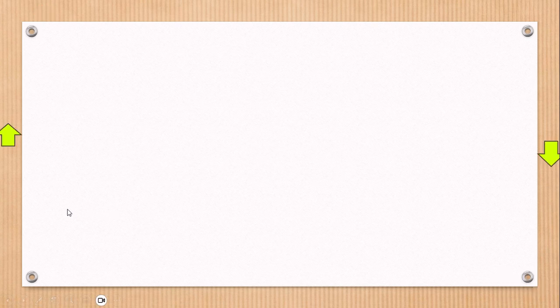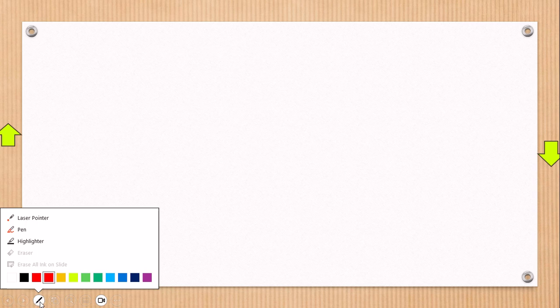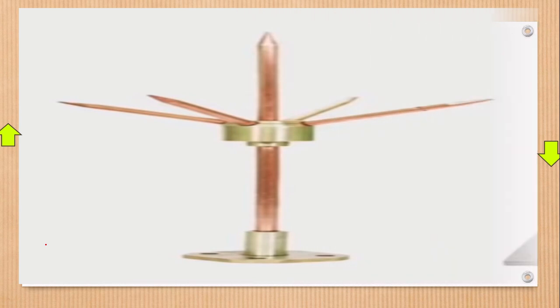Now, you realize that the mode of operation of a lightning conductor starts with this part here. There's something which you must know here. There's something which you call charge density, and I'll explain this.